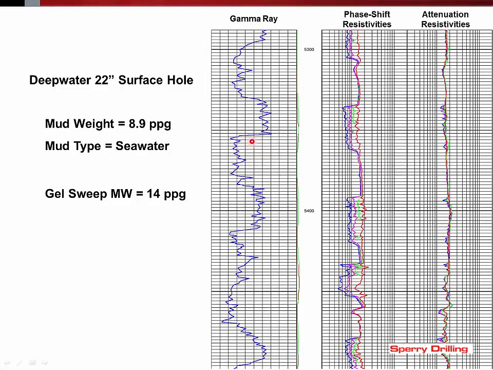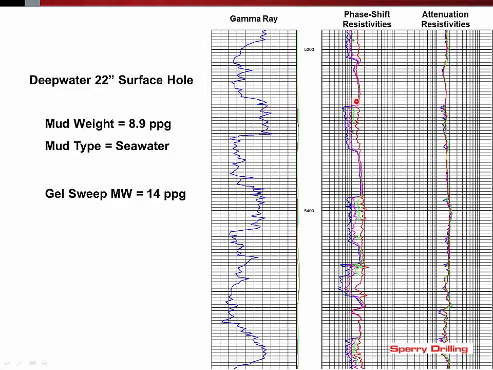Now, meanwhile, on the gamma ray curve, we have similar variation. We have high intervals and low intervals, and it looks at first glance like we have some kind of depth discrepancy between the two. But this is also an effect caused by the mud. The gamma ray sensor is slightly shallower in this case than the resistivity sensor. They're at different points on the drill string.